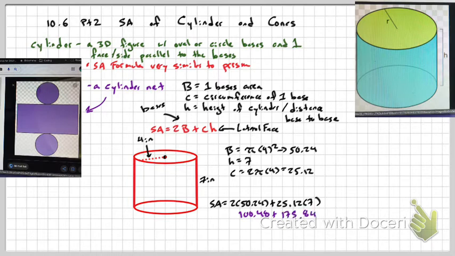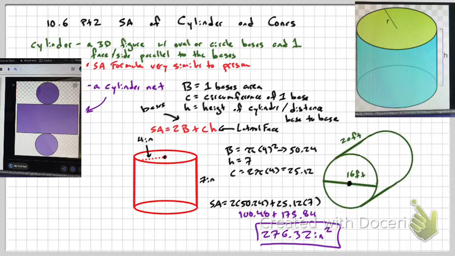Let's add those two together. So 175.84 plus 100.48 gets us 276.32 inches squared. And again, remember surface area, if I were to paint a cylinder, it's all the parts that I would need to paint, okay? Pause it for a second, give that one a try, and then come back.